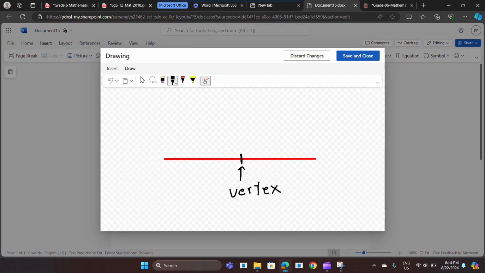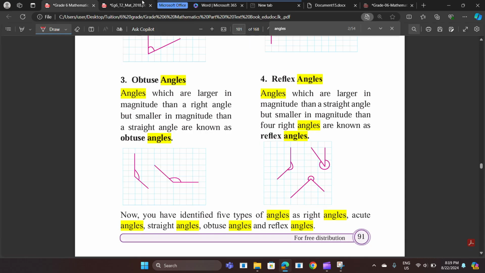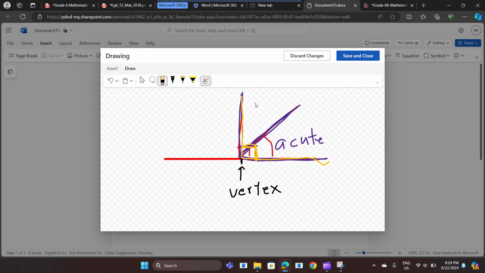This is a 90-degree angle, and this one is an acute angle, because it is less than the 90-degree angle. What do we call the 90-degree angle? We call it a right angle.